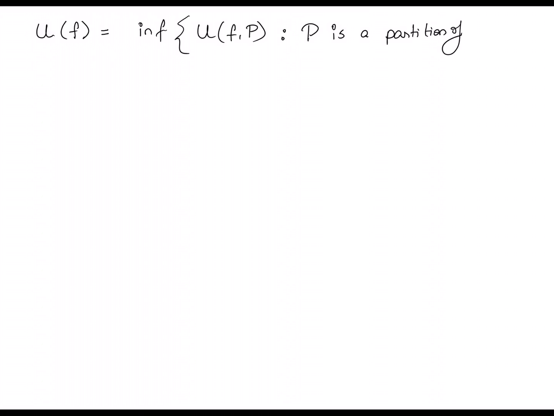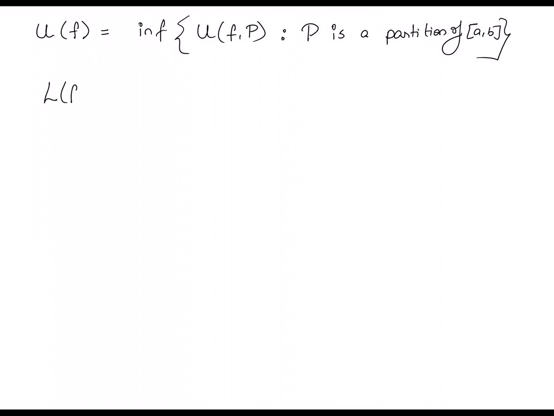So now what we are going to do is define U(f) to be the infimum of all upper Darboux sums over all partitions P of [a, b]. This U is called the upper Darboux integral. I'll write that in a bit.